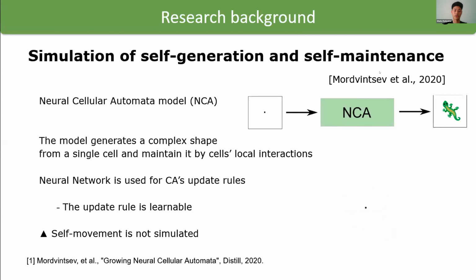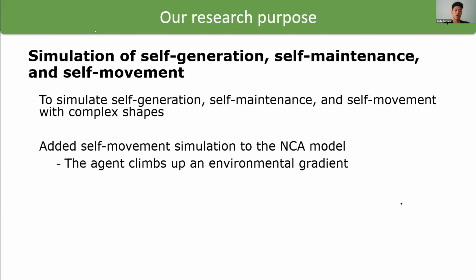It generates a complex shape from a single cell and then maintains the shape by cells' local interactions. A neural network is used for the CA update rule so that the update rule is learnable. However, self-movement, which is a fundamental feature of life, was not simulated. Therefore, with our research, we aim to build a model that simulates self-generation, self-maintenance and self-movement with complex shapes. We added self-movement simulation to the neural cellular automata model so that the agent climbs up an environmental gradient.